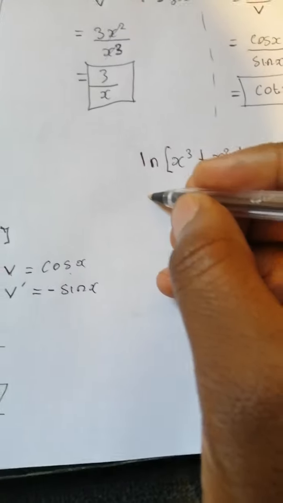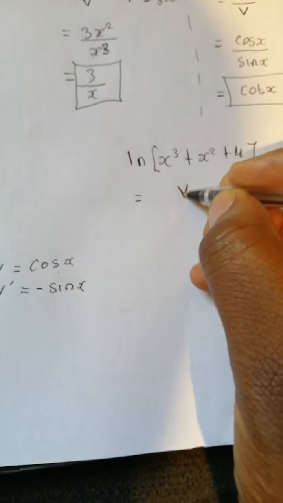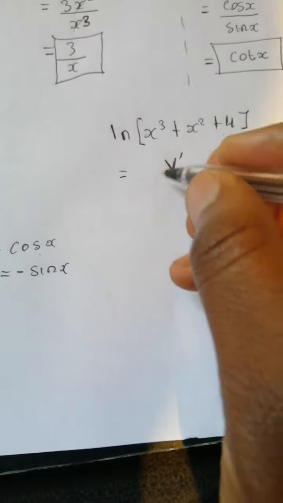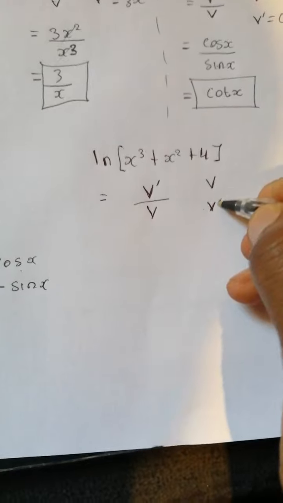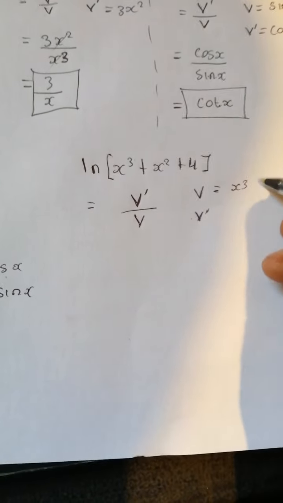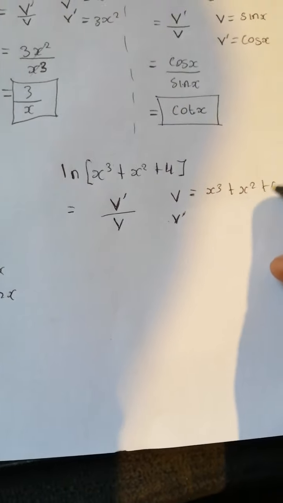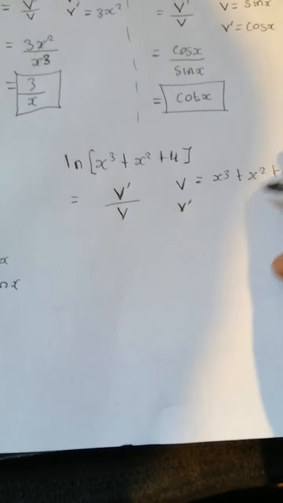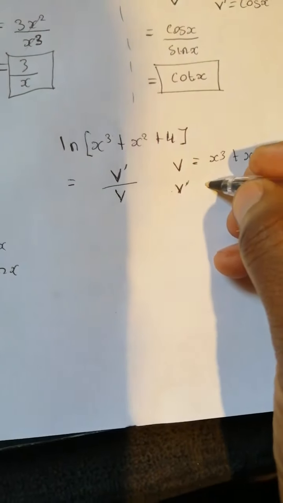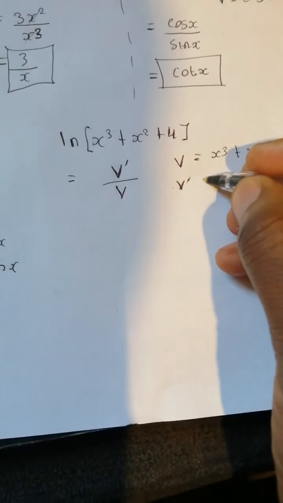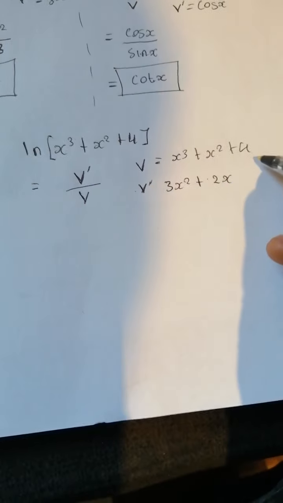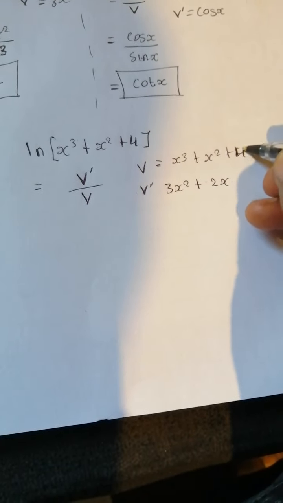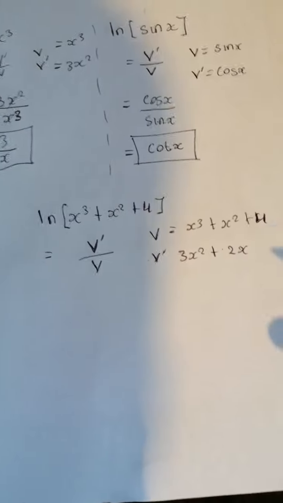What you have to know first is, again, the formula v prime over v. So what is v and what is v prime? v is equal to x cubed plus x squared plus 4, and the derivative of v will be 3x squared plus 2x. The derivative of a constant is equal to 0, so we are not going to write the derivative of 4, which is just 0.